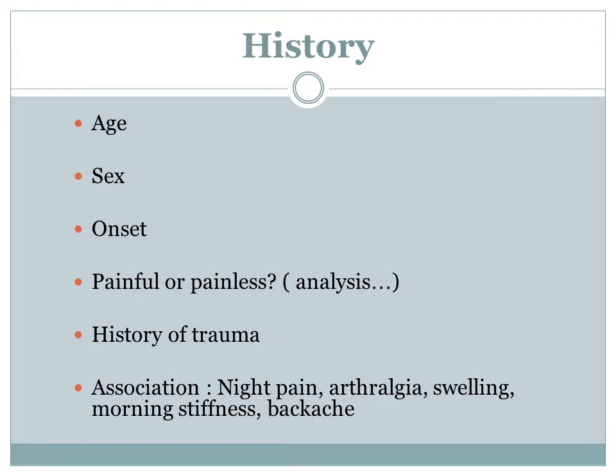Then the presence or absence of pain and the analysis of this pain: whether it is related to rest, to activity only, or is also present at rest. It's very important to know the duration, the intensity of the pain, and its location, whether it is referred to other areas or not.